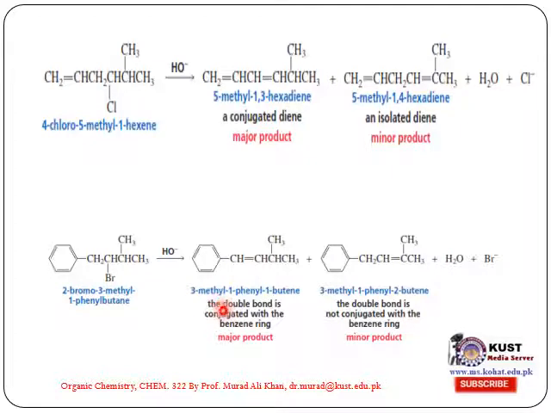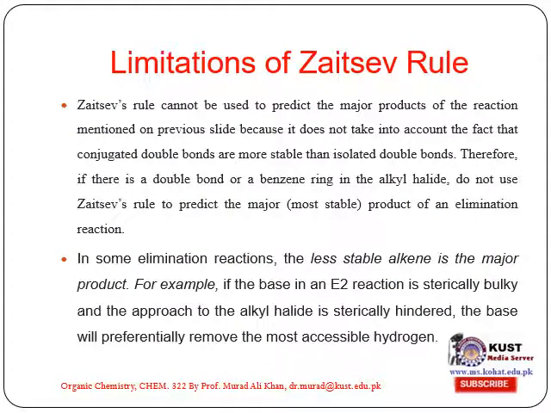So two products are formed, 3-methyl-1-phenylbutene. The double bond is conjugated with the benzene ring, and that's the major product. Here, 3-methyl-1-phenyl-2-butene, the double bond is not conjugated with the benzene ring, though it is more substituted, so it is a minor product.